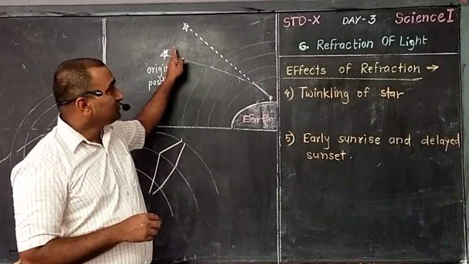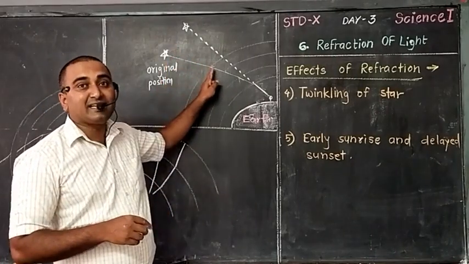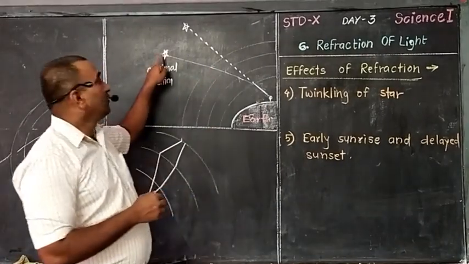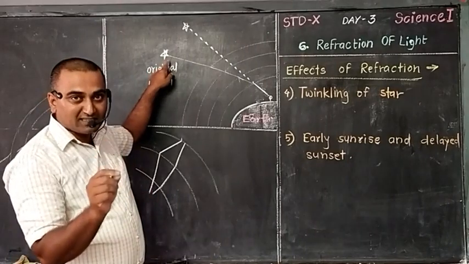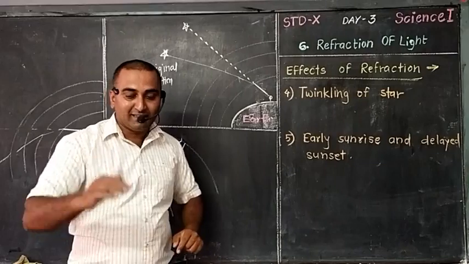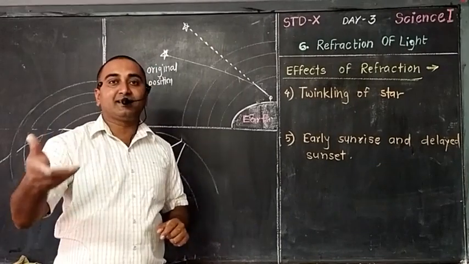When we come towards the earth, the density of the atmosphere keeps increasing. That means when light travels from the star, it passes through rarer medium, then denser, then rarer, then denser.